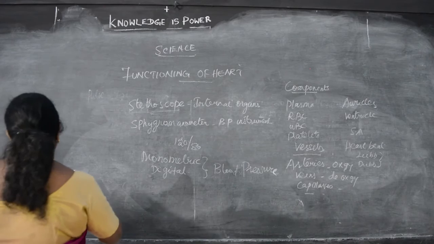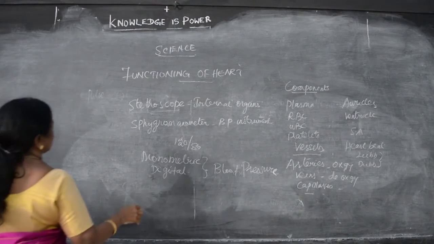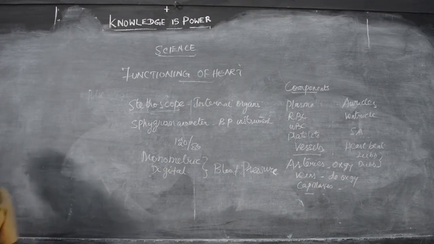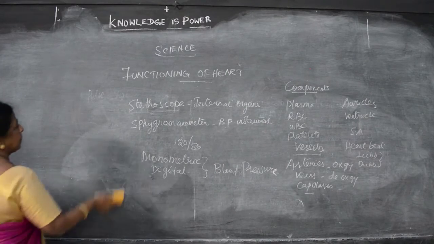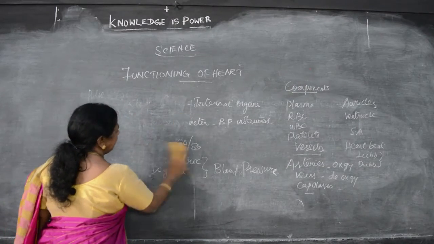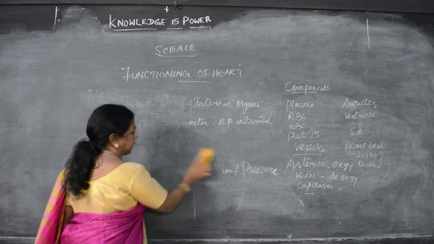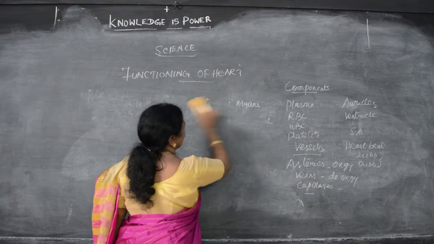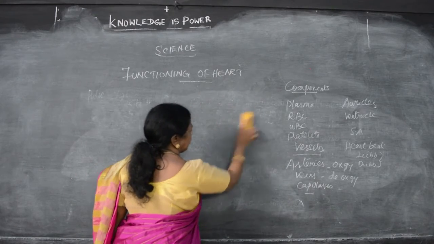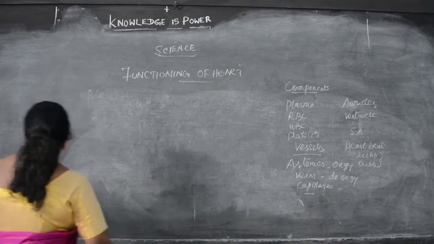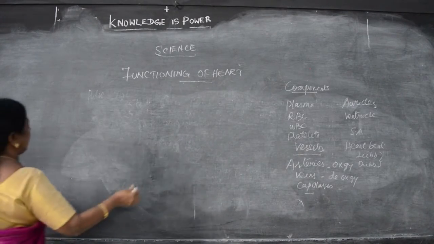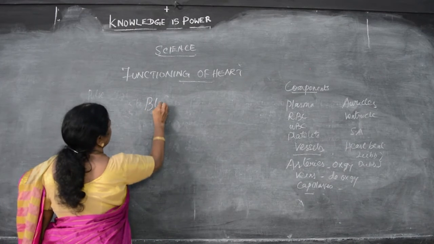Next we have to see blood groups. In our blood, there is one antibody and antigen. What are they? Based on that, we can divide the blood groups. What are the blood groups?